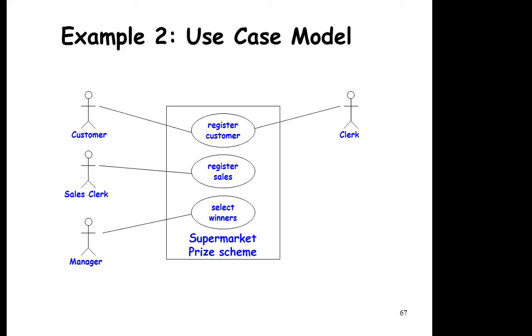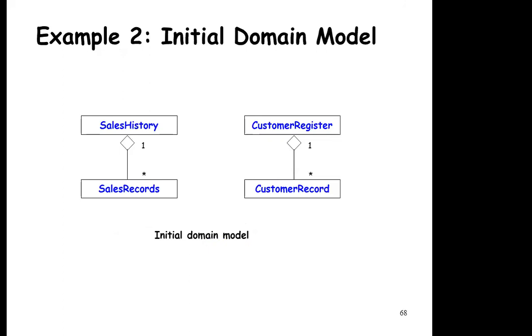Next, this is the use case model. For the domain model, initially the sales record has to be put in a sales history. Customer register contains all the customer records. So what type of association does customer register have? That is aggregation. Many records of many customers are put into one customer register.